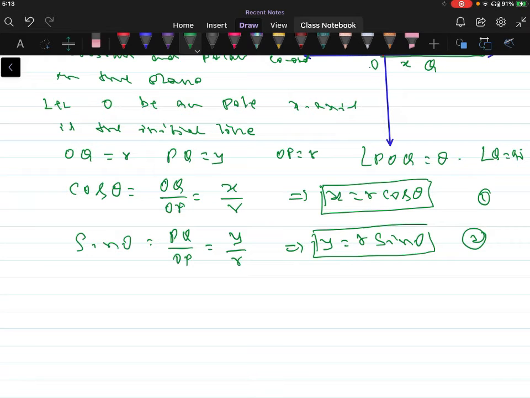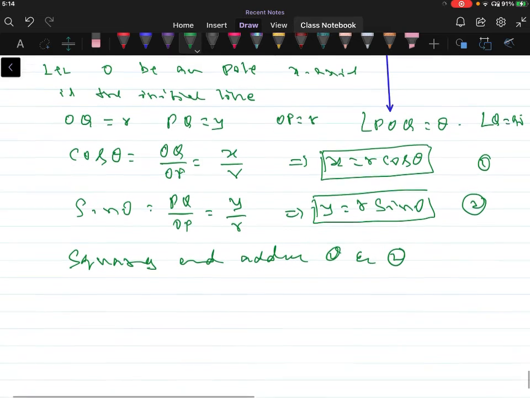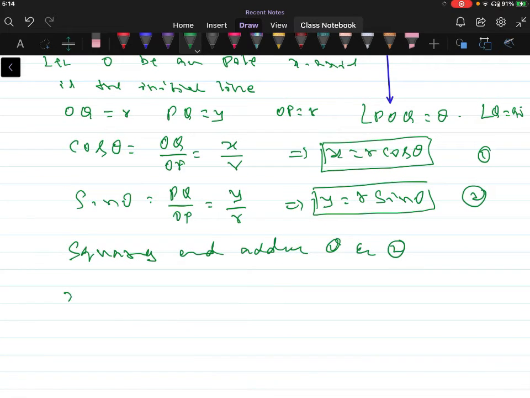Squaring equations 1 and 2 and adding, we get x square plus y square is equal to r square into (cos square theta plus sin square theta).